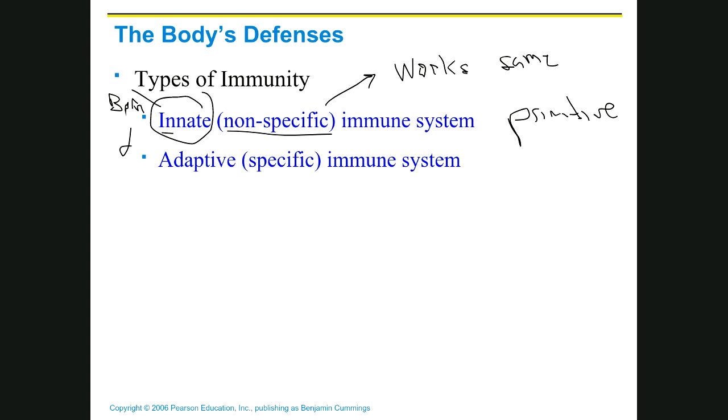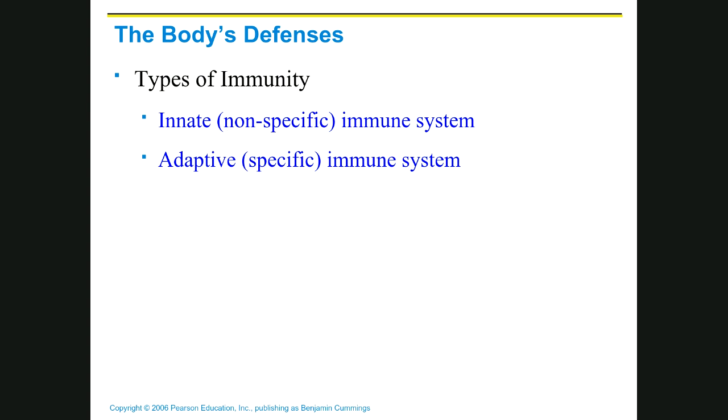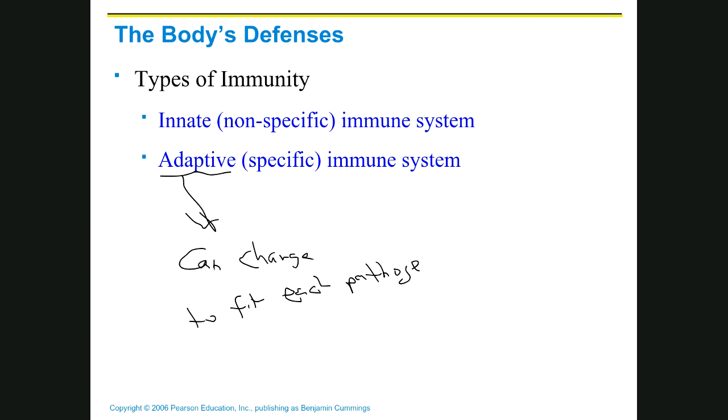But we also have this other kind of immunity, which is called adaptive. Adaptive means it can change. And what it can change to is to fit the pathogen. In other words, it can become different to fit each pathogen. So it's also called specific, because what we're going to make is specific for a particular pathogen.